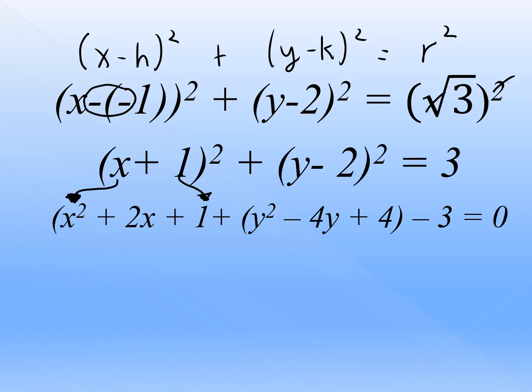Now, to find the middle term, we multiply the first term to the second term multiplied by 2. So x times 1 is x, times 2, we have 2x. It's just simply 2 times x times 1. That's the reason why we have 2x.